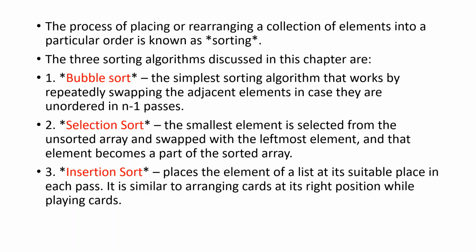The definition of the selection sort is: the smallest element is selected from the unsorted array and swapped with the leftmost element, and that element becomes a part of the sorted array. That means in selection sort, it finds the smallest element in the set of values, and the first element and the smallest element will be interchanged in their positions in the first pass.